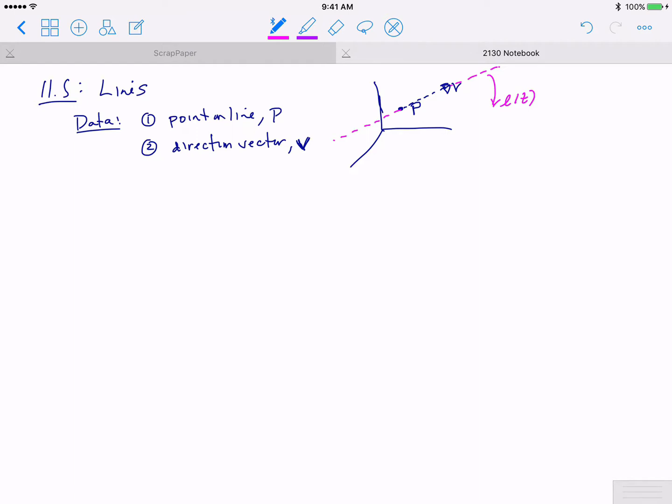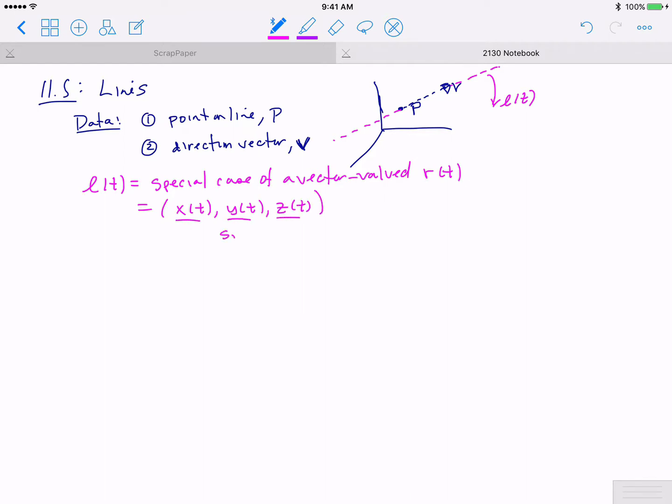The equation of the line is going to be a special case of a vector valued function r of t. So what we're looking to do is to create an x of t, a y of t, and a z of t. And we'll see that x, y, and z have a special form.